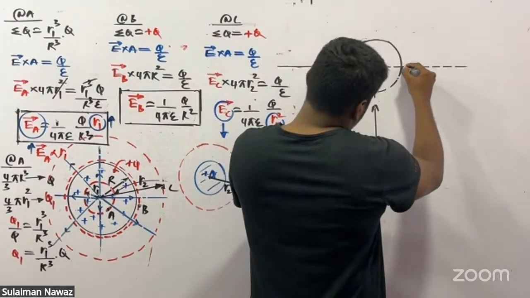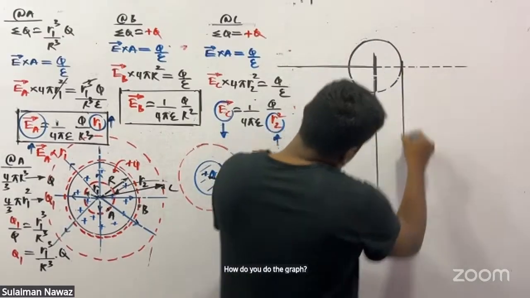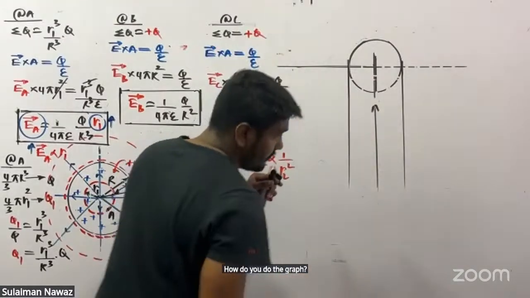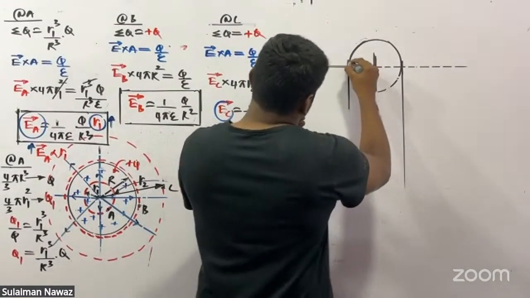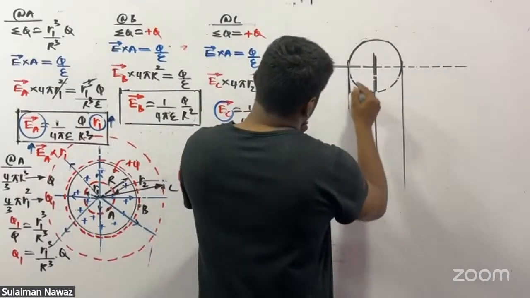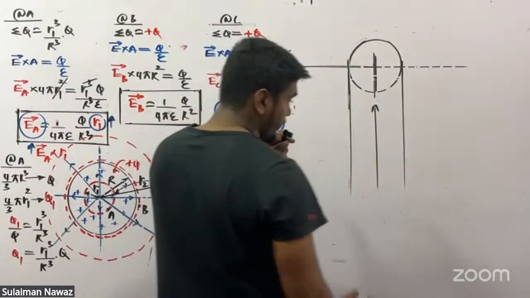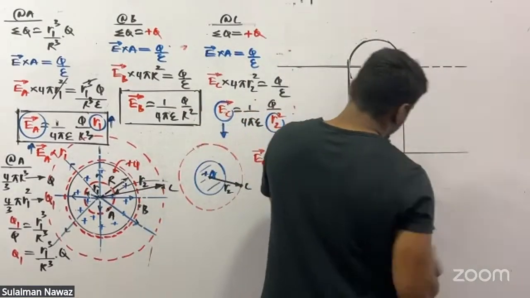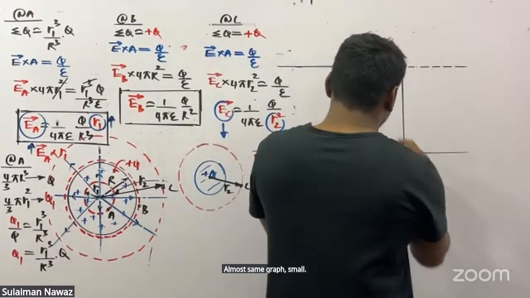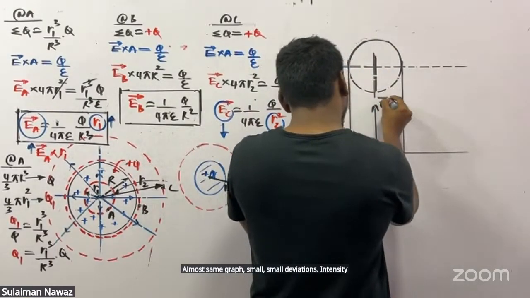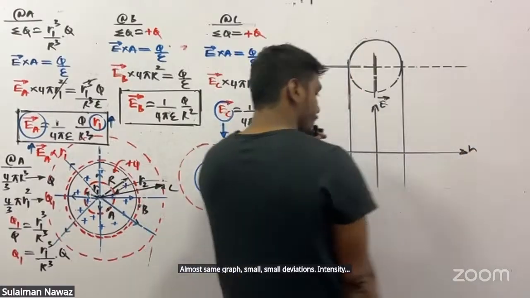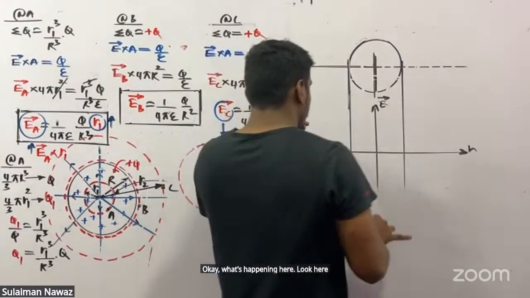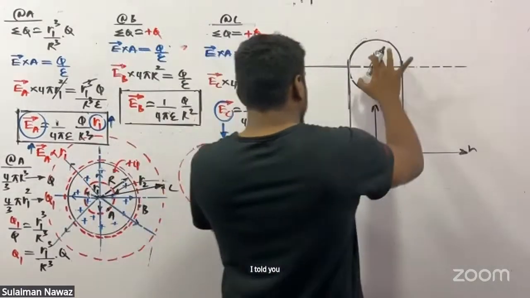How do you draw the graph? Almost the same graph, small deviations. Intensity, distance. Look here, what's happening here? I told you the insight.